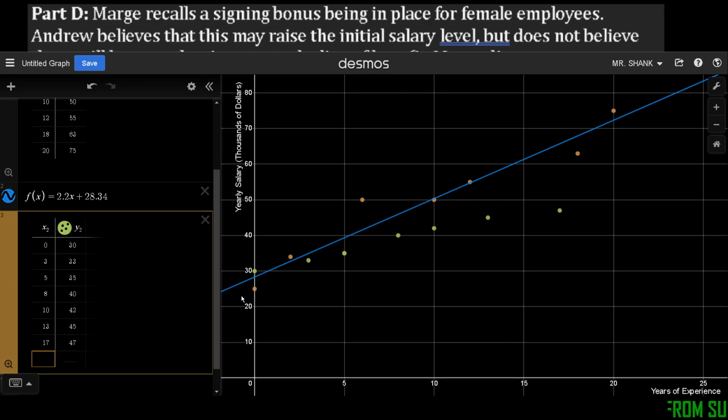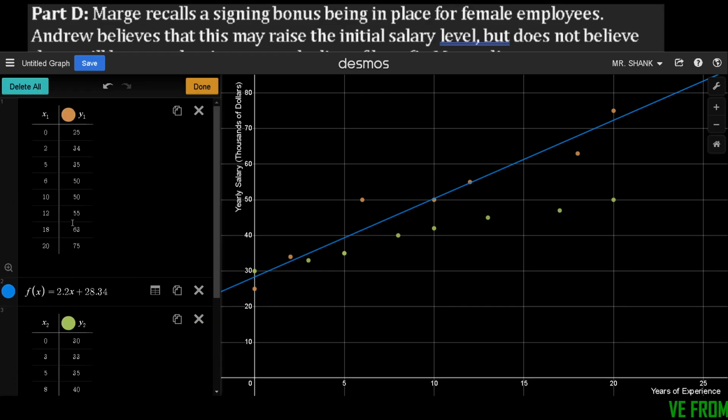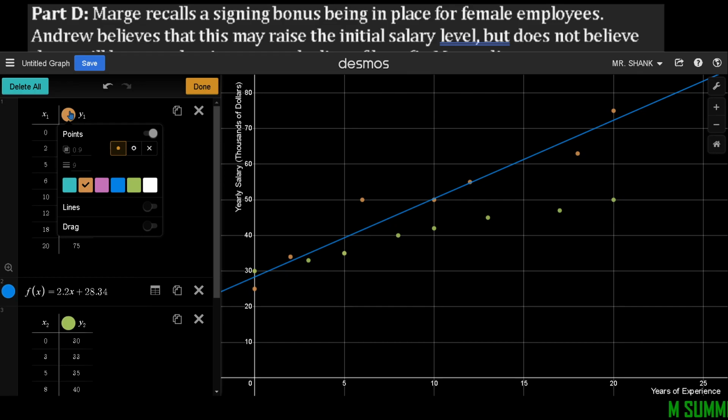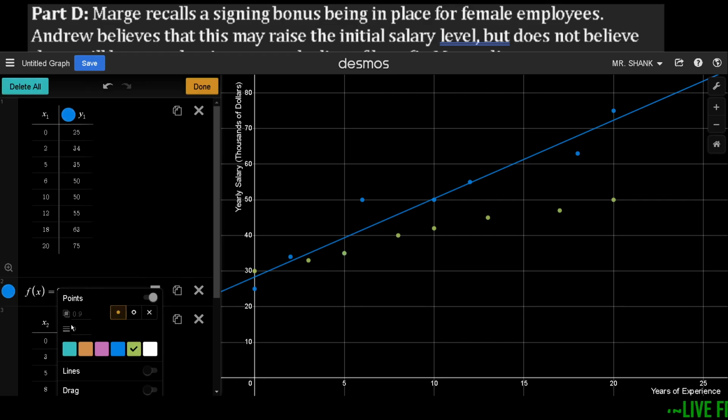And lastly, we have 20, 50. Okay, so it graphs out these points. Let's actually change these to blue as well, so that way we know what points we're talking about. And let's change these to a nice pink color. That way it's easy to see.